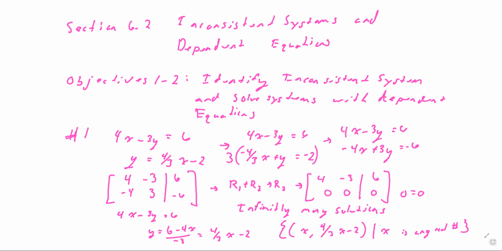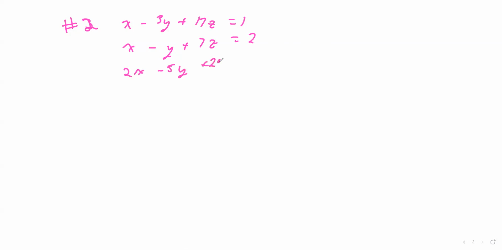And if you happen to have a three variable system, you'll get something that looks like this. Example 2: x minus 3y plus 17z equals 1, x minus y plus 7z equals 2, 2x minus 5y plus 29z equals 5.